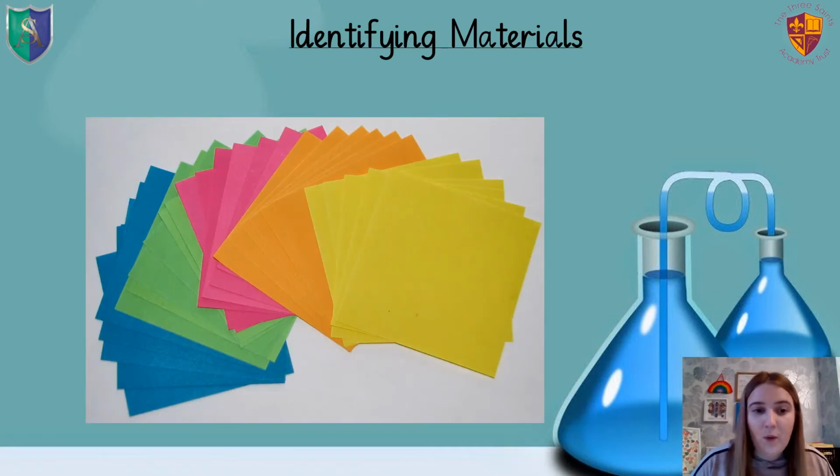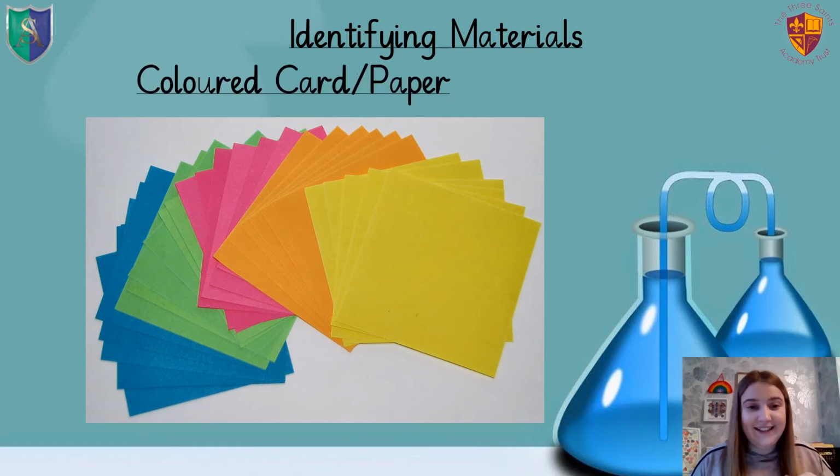What about this one? What material is this? There'll be lots of this if you're in school. It's coloured card or paper, isn't it? I bet there's lots of paper around you if you're in school. In fact, not only if you're in school, I bet if you're at home, there's lots of paper around you right now. I bet you've got lots of different things around you that you've been using for your day.